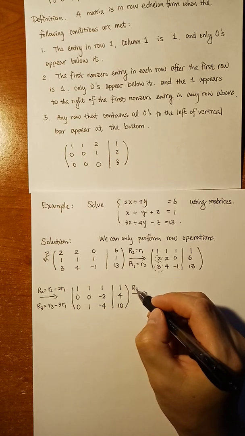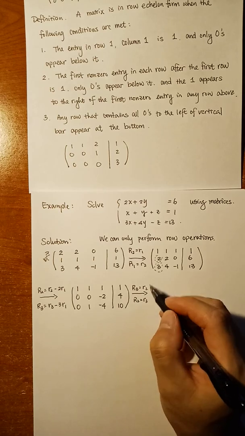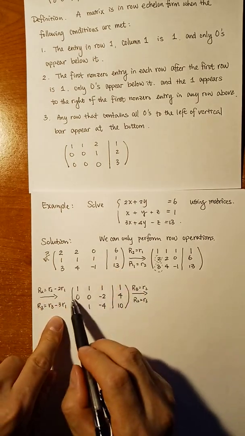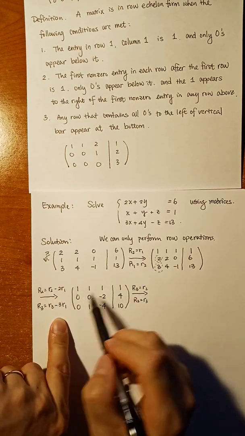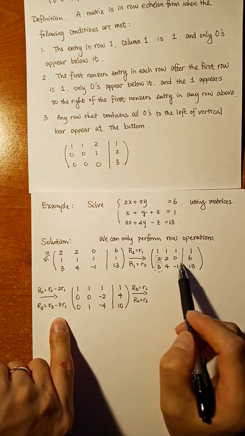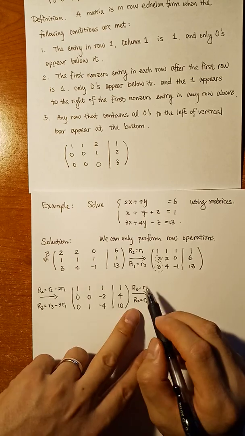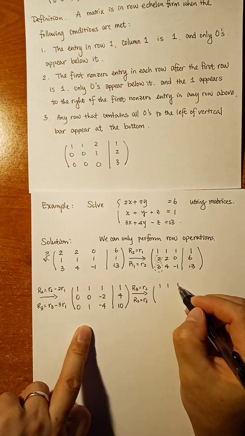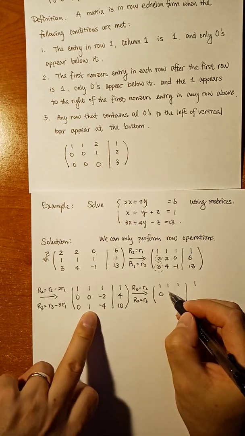Every time, the capital R will mean the resulting row, and the little r will mean the original row, original for the current step, not the very beginning original. Okay, so I'm going to exchange row 2 and row 3.